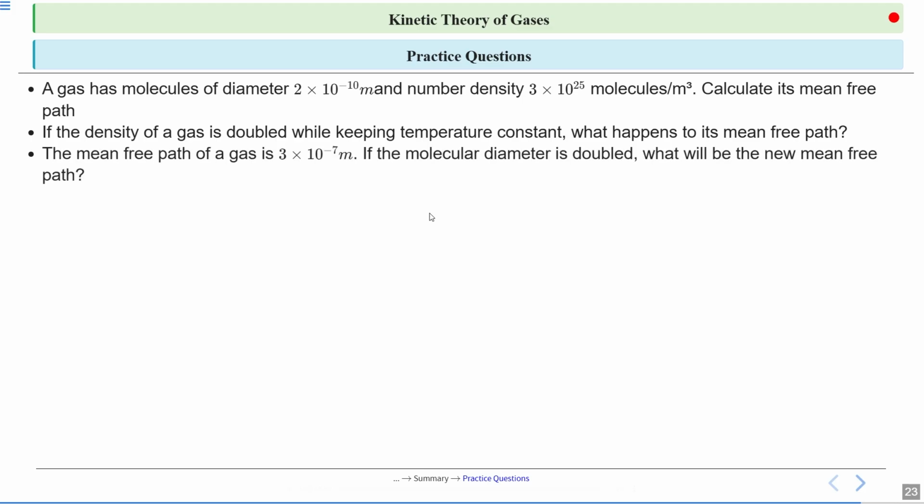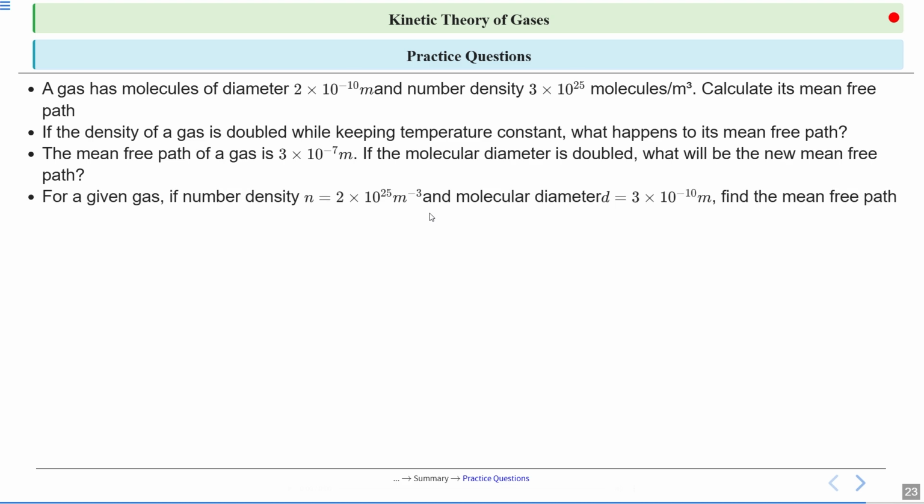The mean free path of a gas is 3 into 10 raised to the power minus 7 meter. If the molecular diameter is doubled, what will be the new mean free path? For a given gas, if number density n equal to 2 into 10 raised to the power 25 per meter cube and molecular diameter d equal to 3 into 10 raised to the power minus 10 meter, find the mean free path.